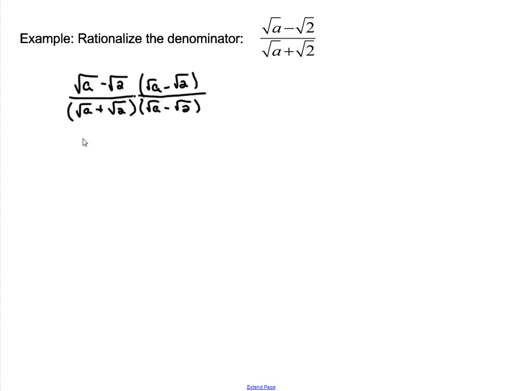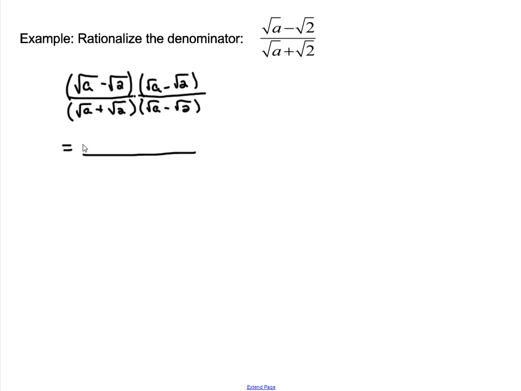So let's multiply that through. We would have to use our FOIL method up there in that numerator, unless we happen to recognize that it was this perfect square binomial, but let's go ahead and just carry it out anyways.